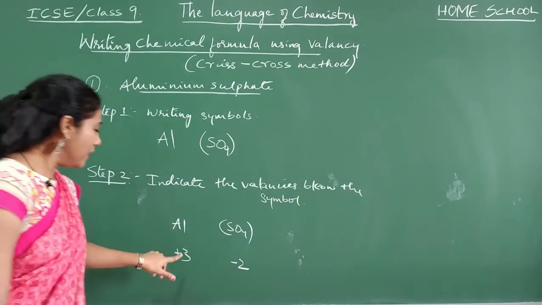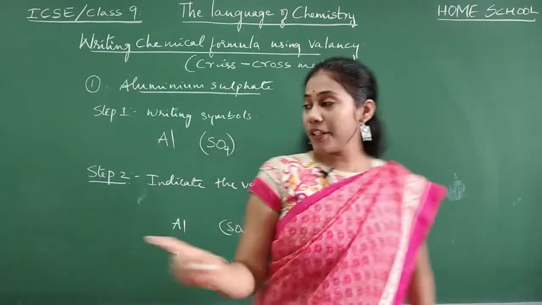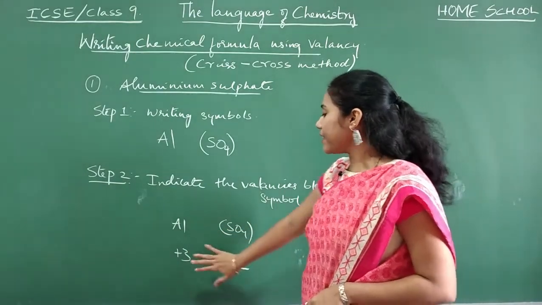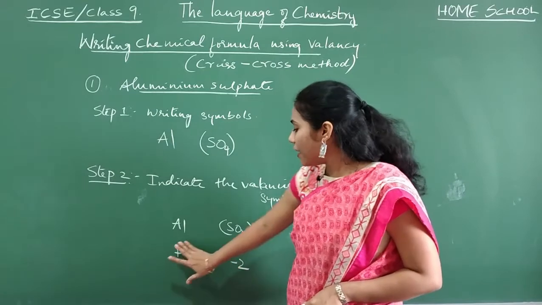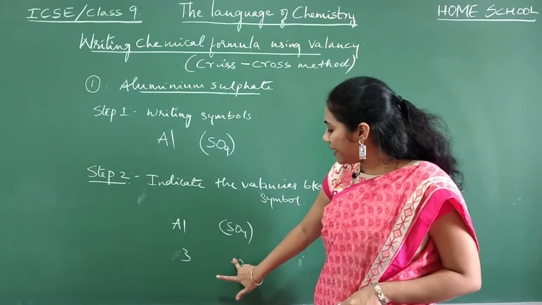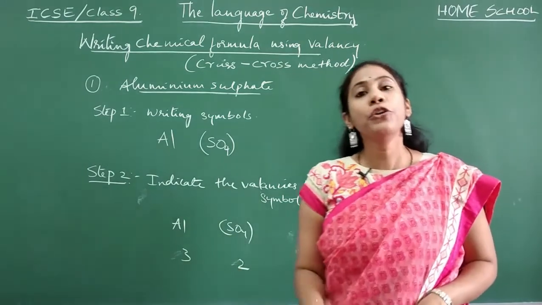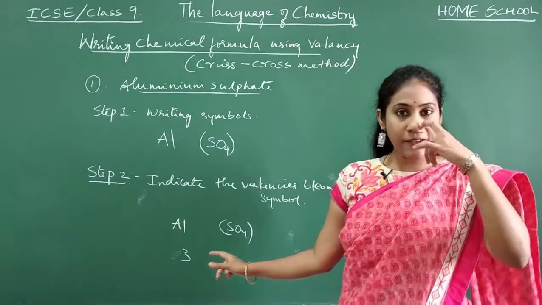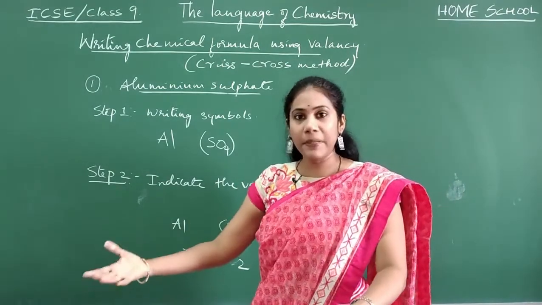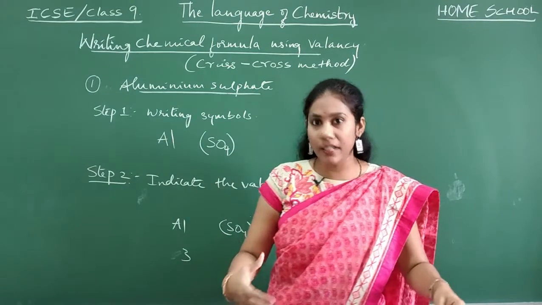And here you need not use plus and minus. Here you don't have any significance for plus and minus, so without a sign, just indicate a digit. No need to indicate the valency with sign. Plus has a different meaning, minus has a different meaning, isn't it?